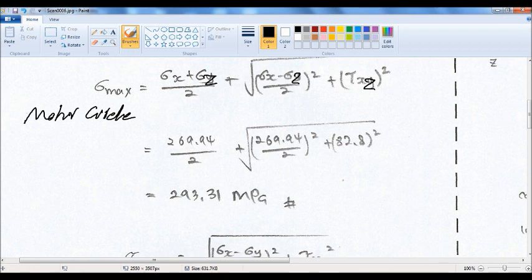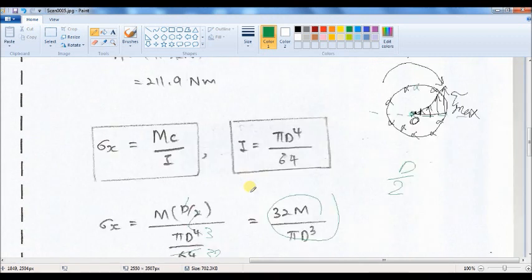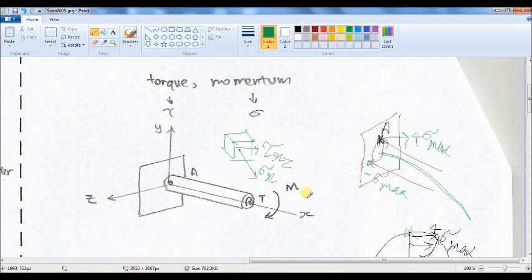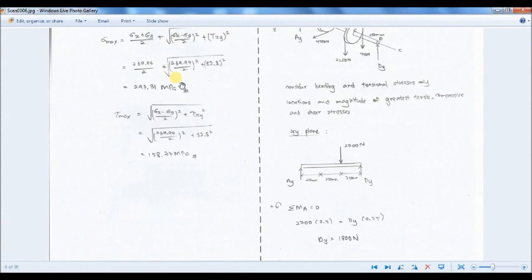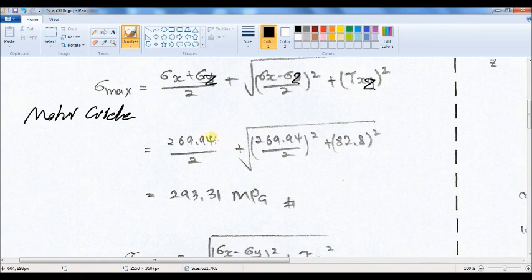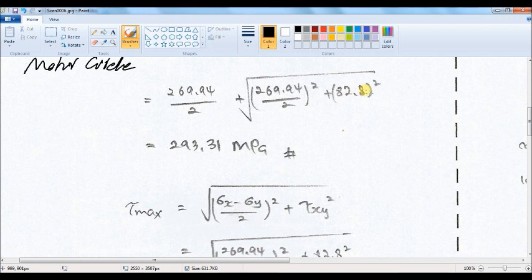If I go back here, I had only sigma x, and sigma z is 0. We didn't have any stress in the z direction, and we had tau x z, so I can substitute into the Mohr's equation sigma x, 269 megapascal, plus sigma x minus sigma z, which was 0, divided by 2 squared, plus tau x z that we found is 82.8.